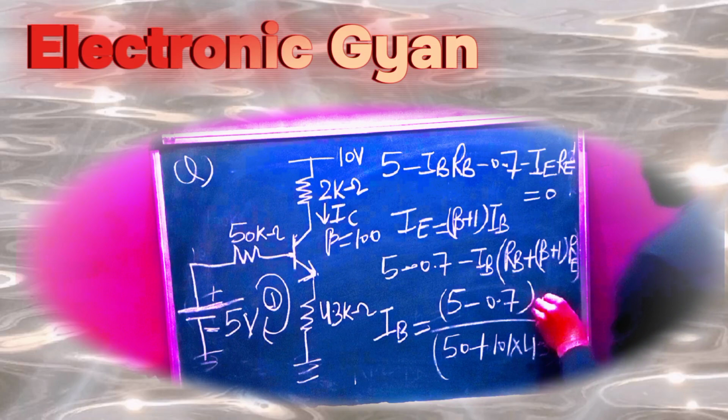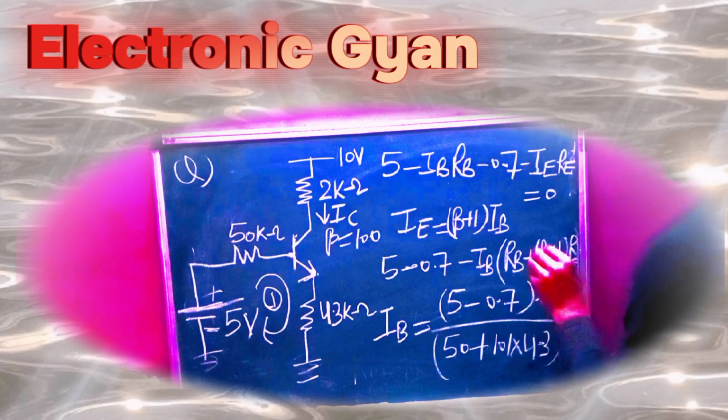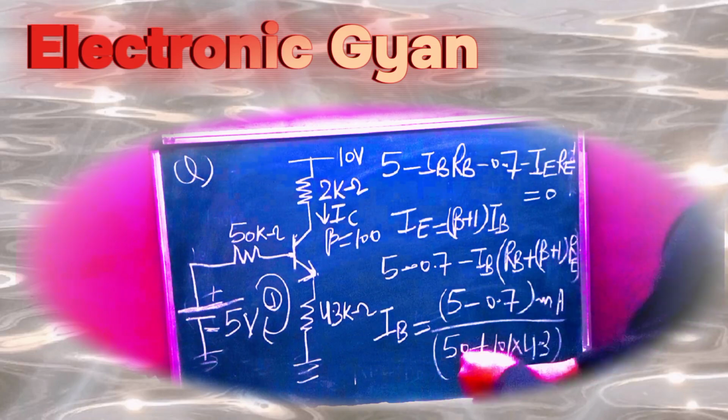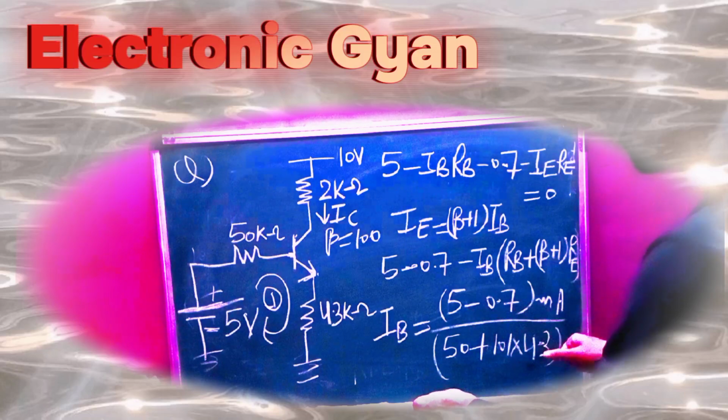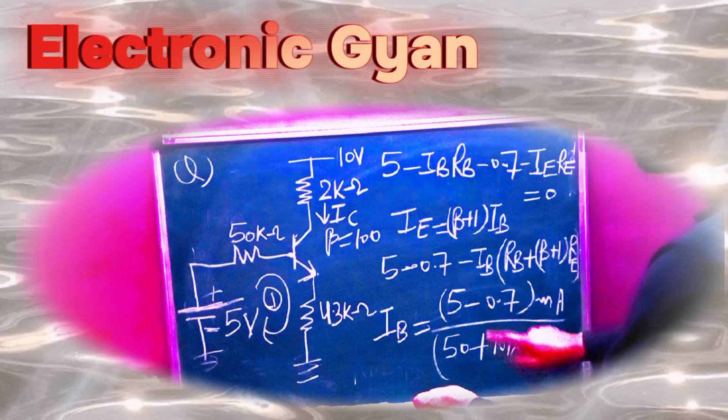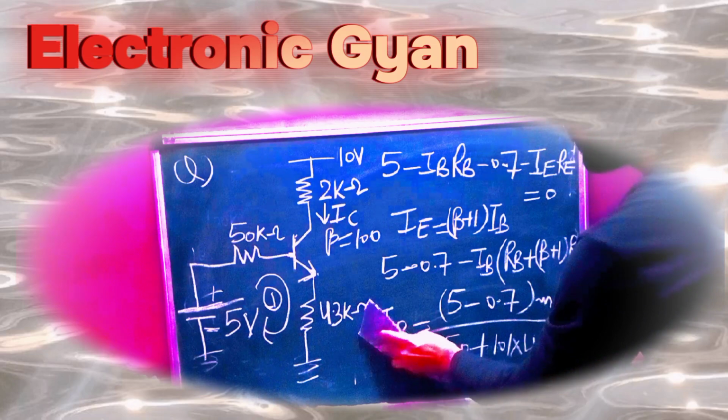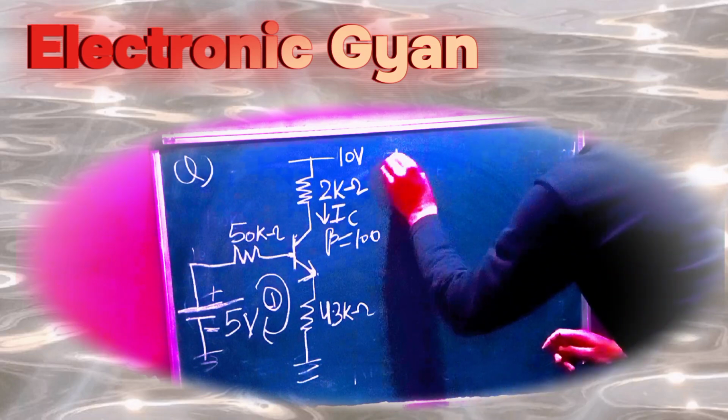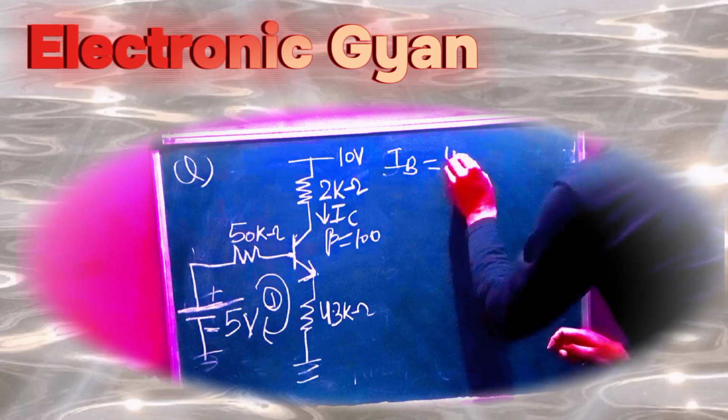This is in milliampere. Now when we solve this, 5 minus 0.7 is 4.3.